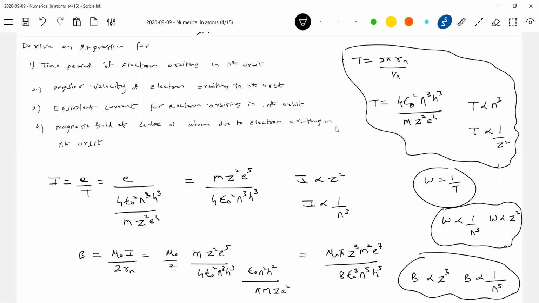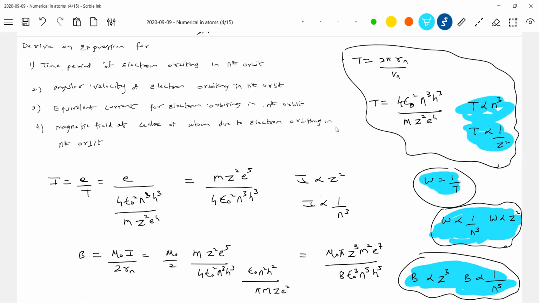I think this data is better remembered. In exams you don't get time to work out all this, even in Advanced. If you memorize this, you'll be on the safer side. Such a thing can be asked in Advanced as a possibility, matchings, some information based. If you can get the time period, all other things are related to that only, and we are able to manage here.